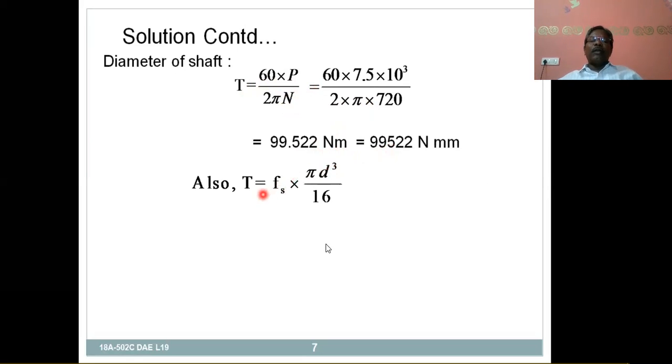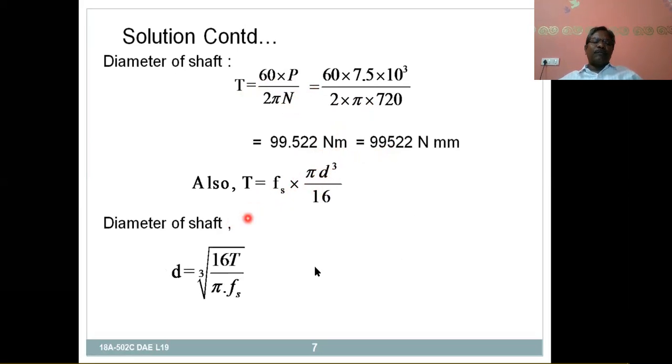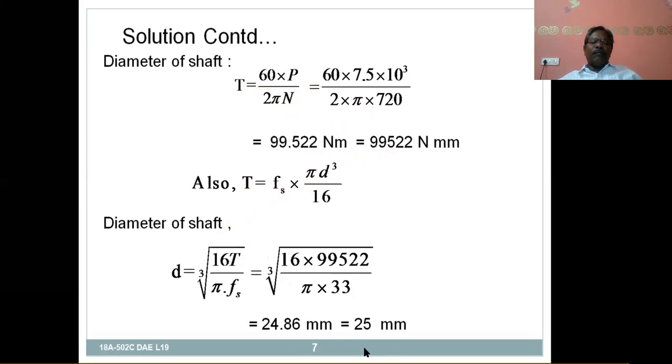So with the torque equation, T is equal to Fs into pi d cubed by 16, with this you will get your shaft diameter. On substitution of torque and Fs, you will get 24.86, that is rounded up to the nearest 5 value, that is 25, as per the standards, right?